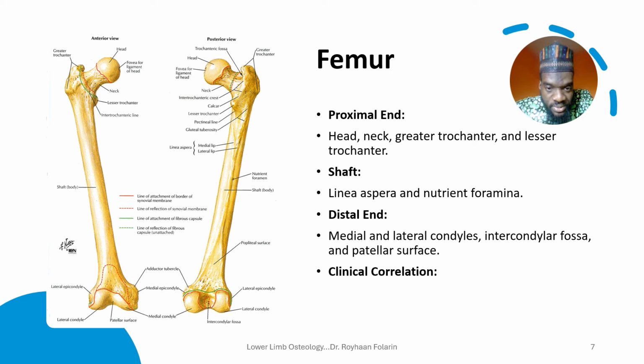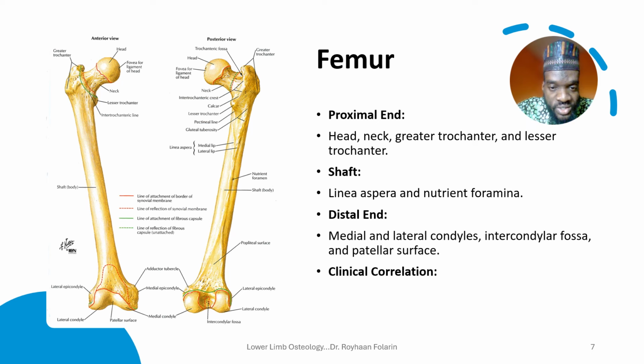The linea aspera is so named because it is rough. Linea means line, from Latin, and aspera means rough. It's this rough longitudinal ridge you find on the posterior side of the femur.